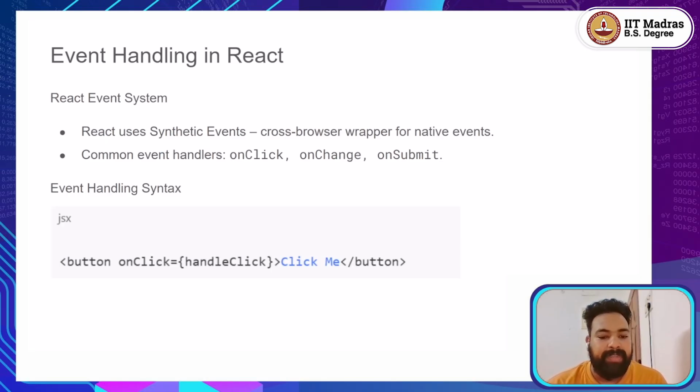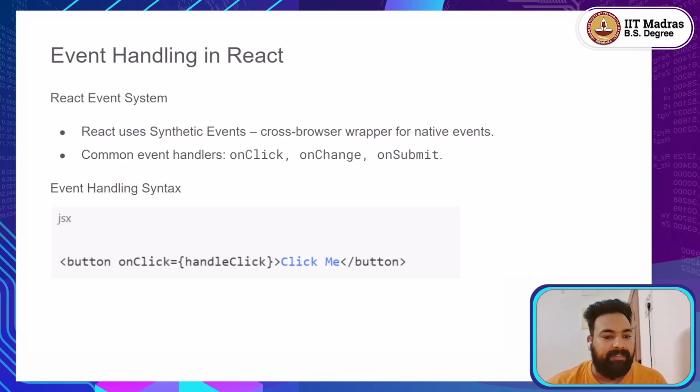For instance, if you have worked with vanilla JavaScript, you might use addEventListener or an onclick handler. But in React, we handle this by using JSX attributes like onClick, onChange, and onSubmit. These attributes are in camel case, where we pass in a function that tells React what to do when the event occurs.